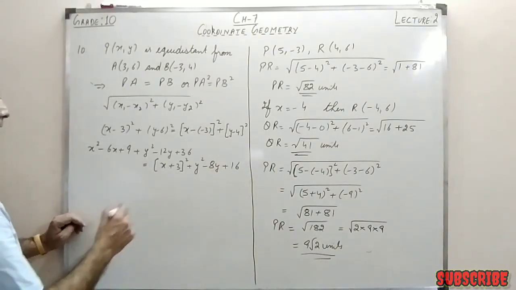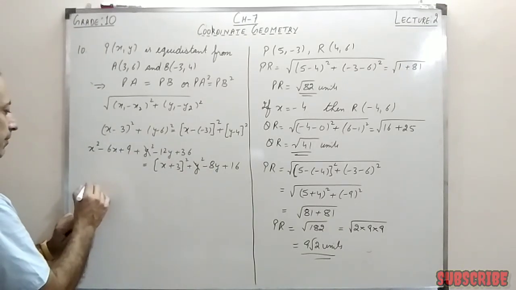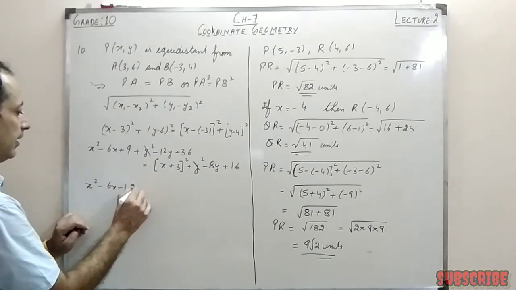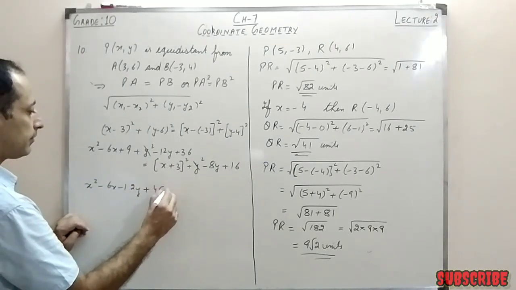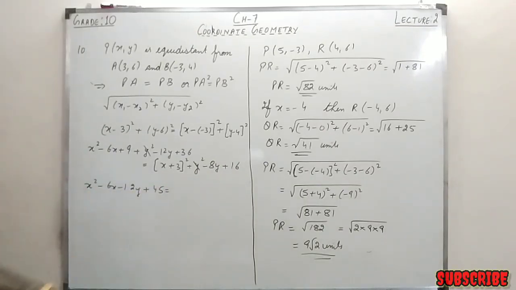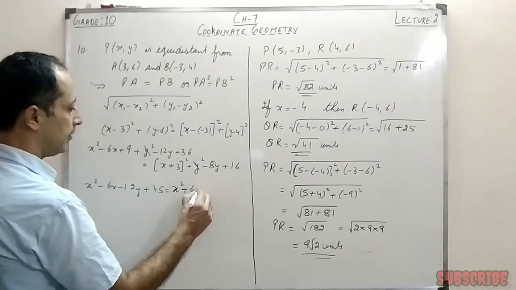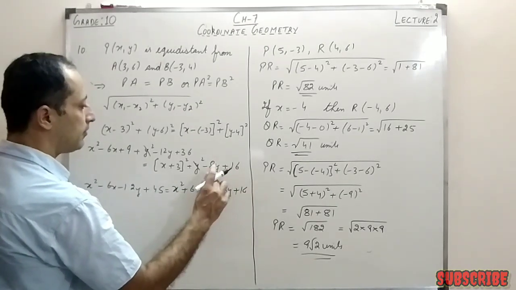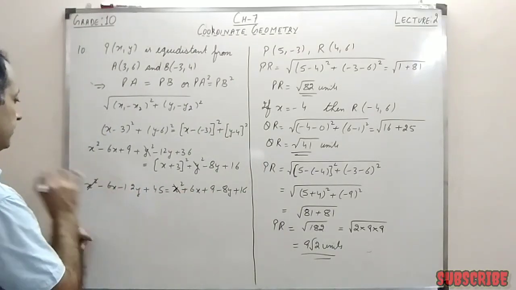So this y square can cancel, same on both sides. So I am left with x square minus 6x minus 12y plus 45 equals to, so x plus 3 whole square would be x square plus 6x plus 9, minus 8y plus 16. So this x square also gets cancelled now.